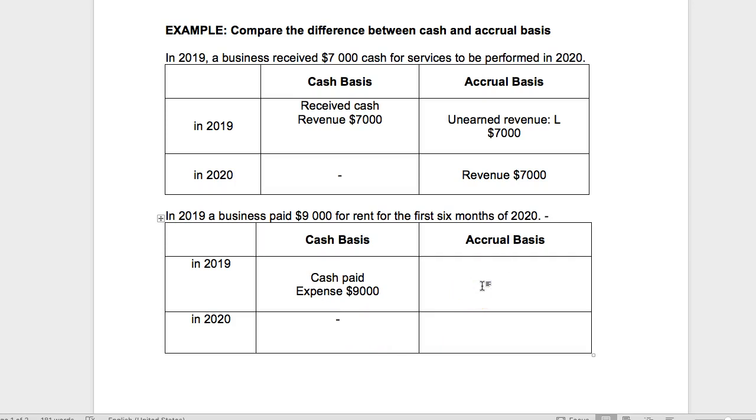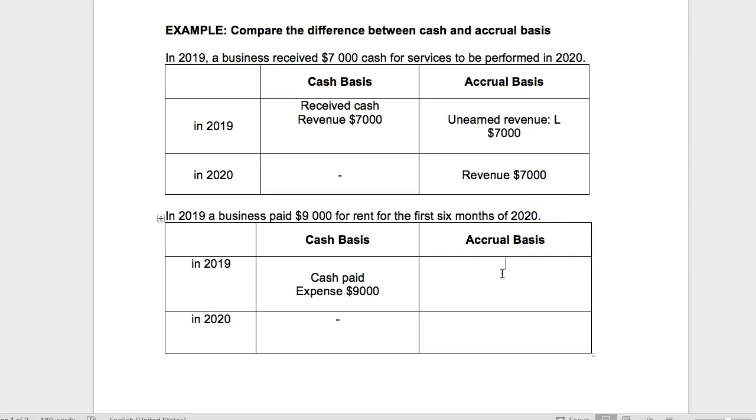Let's have a look in accrual basis. So in 2019, have you used that expense? Have you incurred the expense? The answer is no, because you're going to use that rental property in 2020. It's not used at all yet.